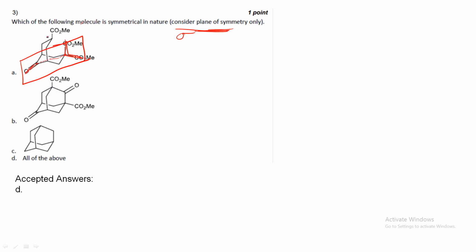And if we extend this CO2Me bond, it would again be in the sigma plane. That's how we cut the molecule, and that is the sigma plane. So it is a symmetric molecule.